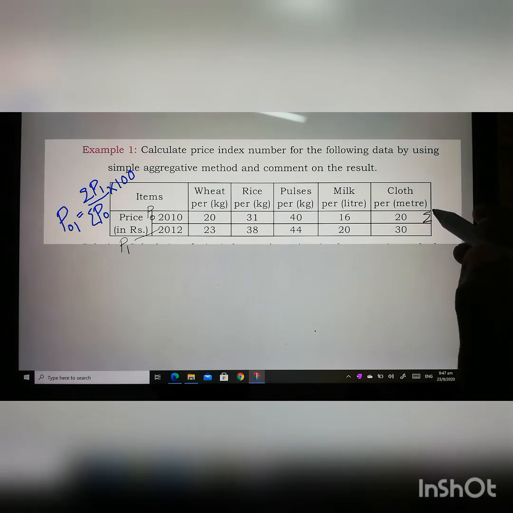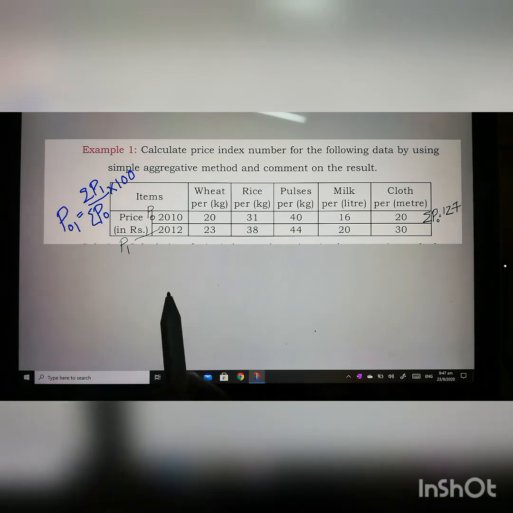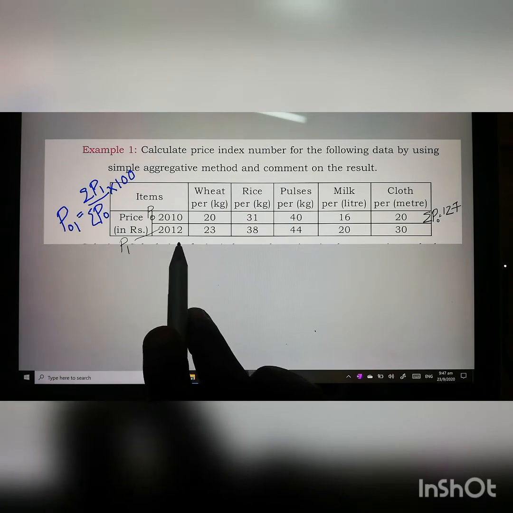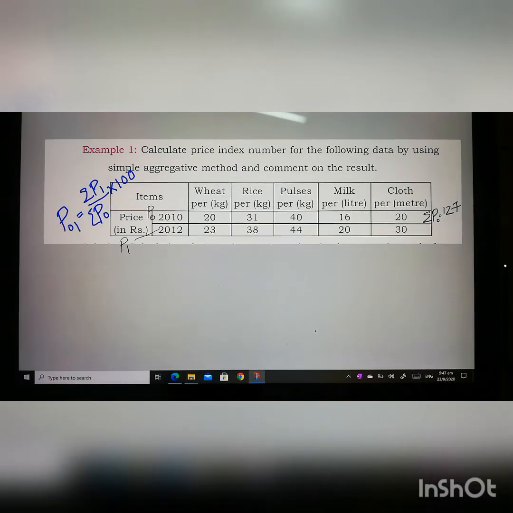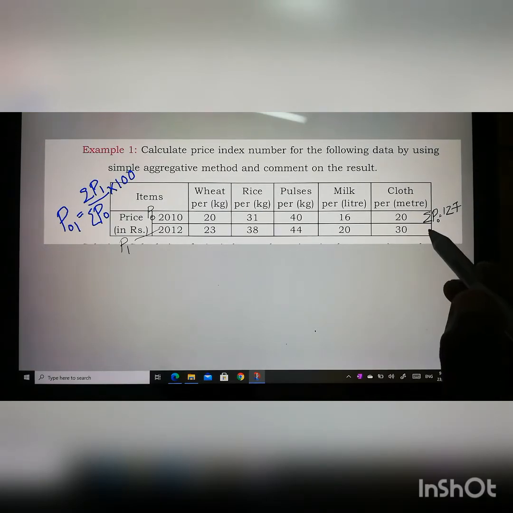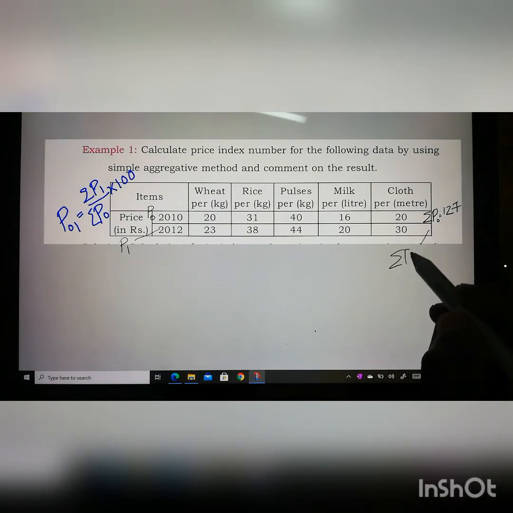So I'll write it here as summation P naught is equal to 127. In the same way, the total of the current year prices, 23 plus 38 plus 44 plus 20 plus 30, you get as 155.